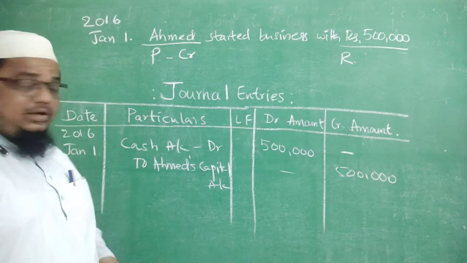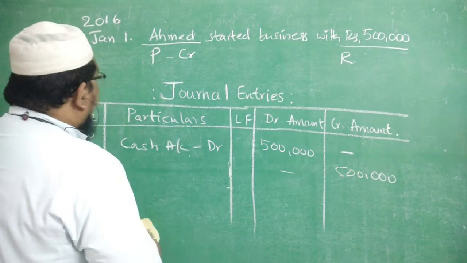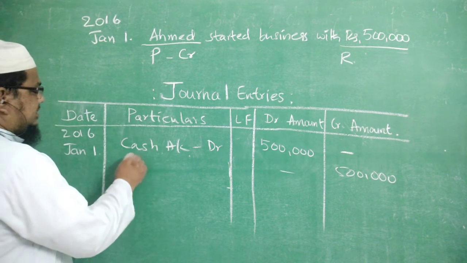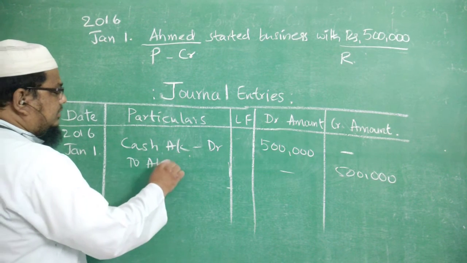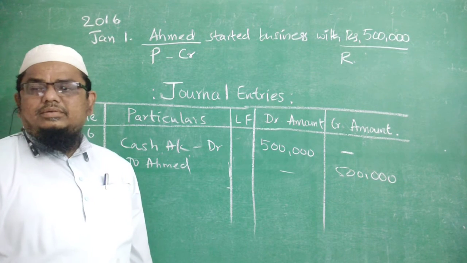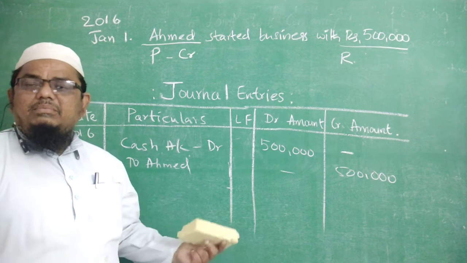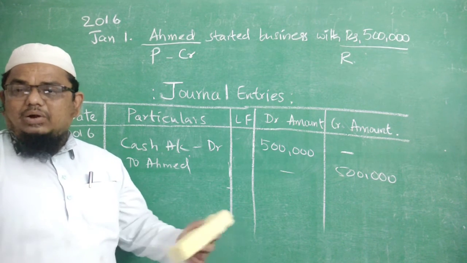So here, we can't simply write Ahmad. If we are writing simply to Ahmad, it means we are getting an amount from Ahmad, not for business activity. It may be treated as a borrowing.